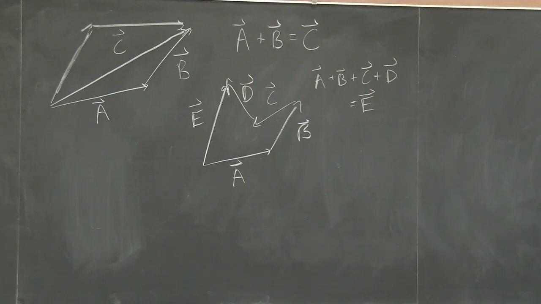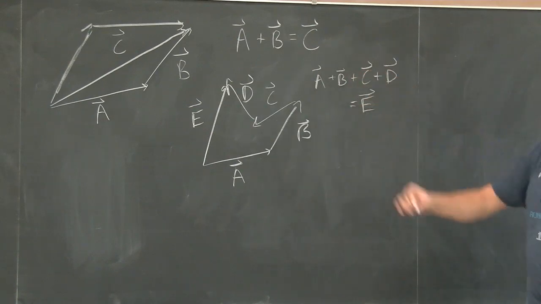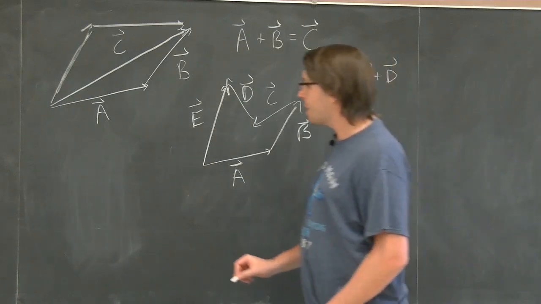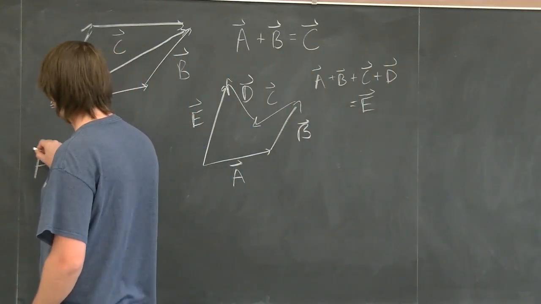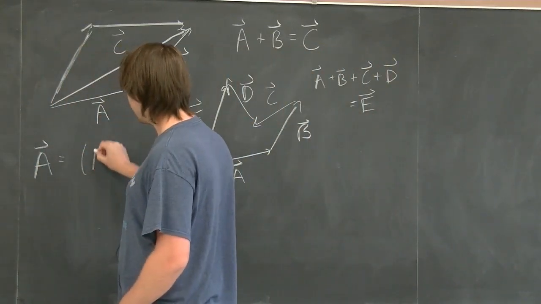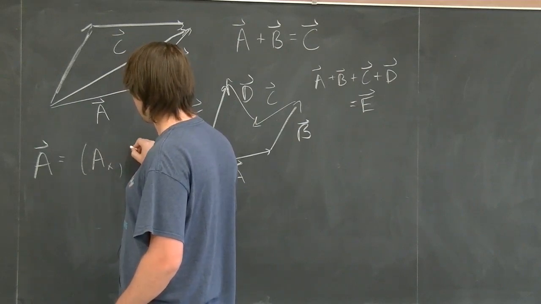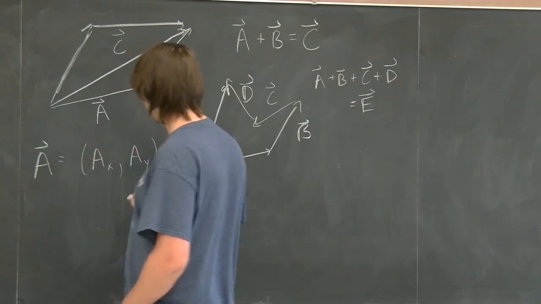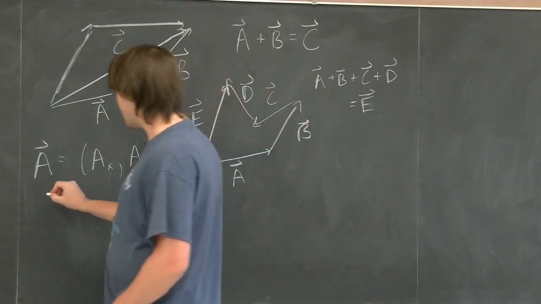Now if you wanted to add them a different way, you could take the components of the vectors. If we're in the plane of the chalkboard here, then they would just have x and y coordinates. Let's say A is represented by AX and AY, and B is represented by BX and BY.